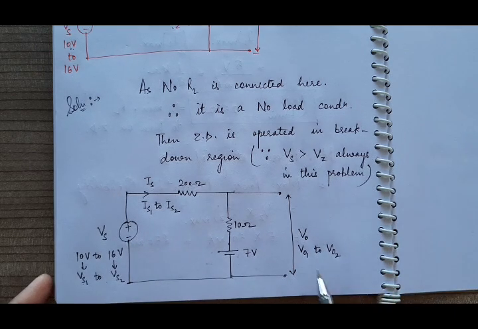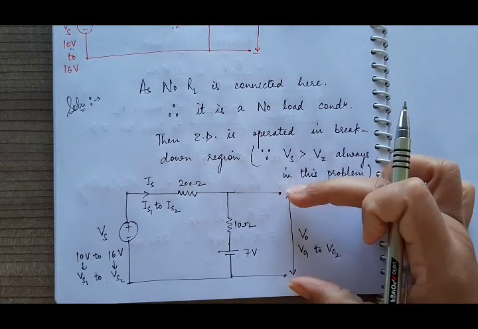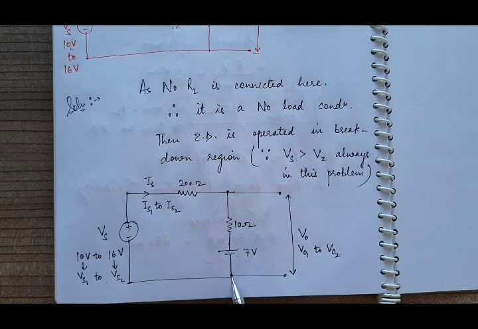So what will be V0? What is V0? V0 is the voltage between these two terminals. So it will be same as that of the voltage between these two terminals. So what will be the voltage between these two terminals? It will be 7 volts plus voltage drop across this 10 ohm resistance.